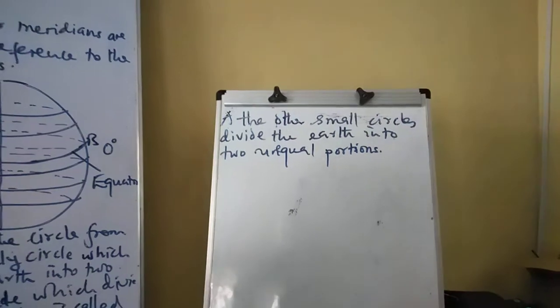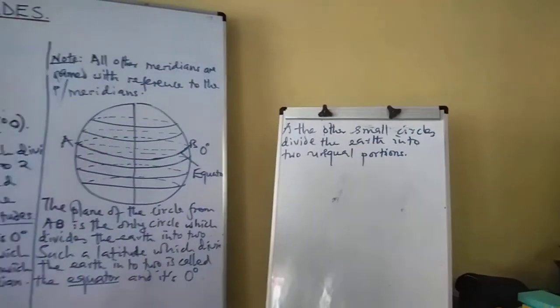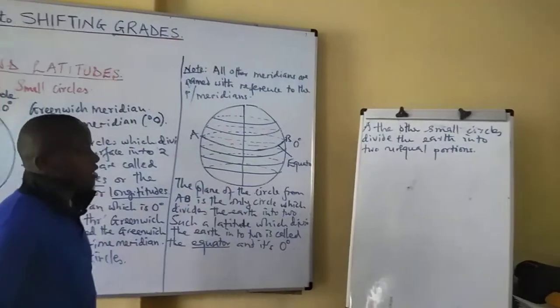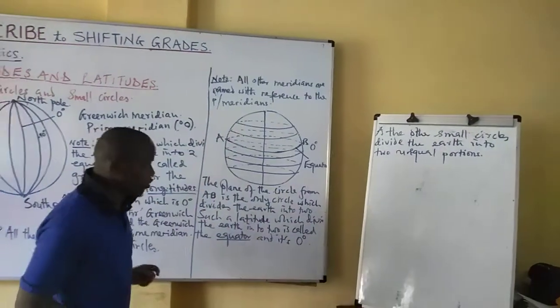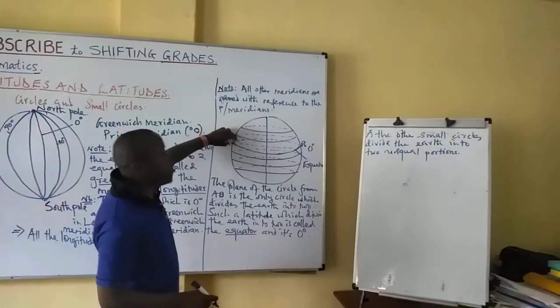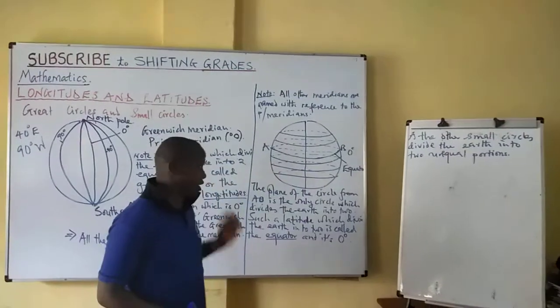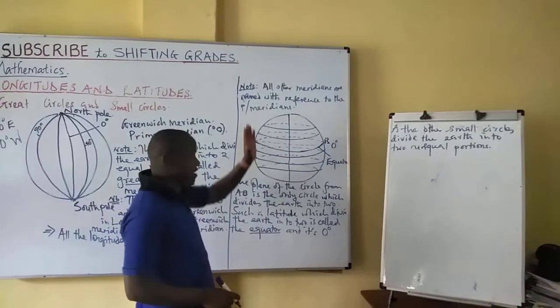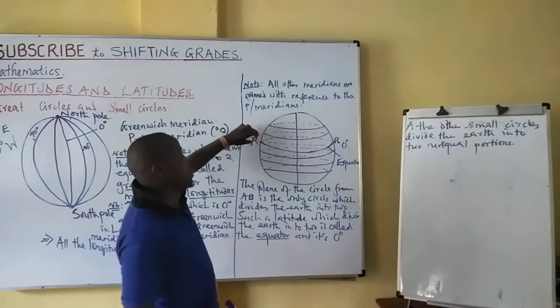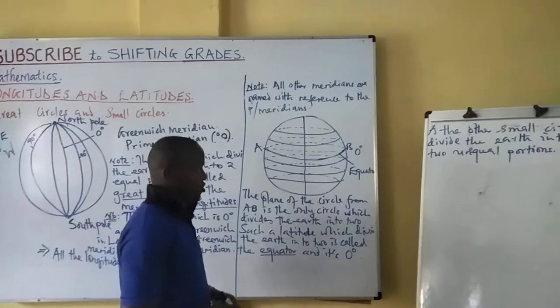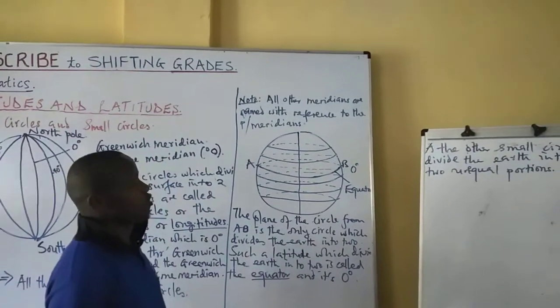So it is only the equator which divides the Earth equally amongst the small circles. So the equator is a small circle but a special case which behaves like the longitudes. So it is only the equator which divides the Earth's surface into two equal portions.